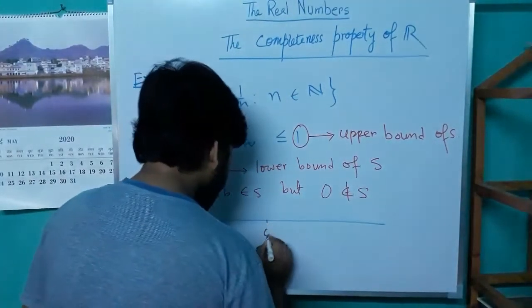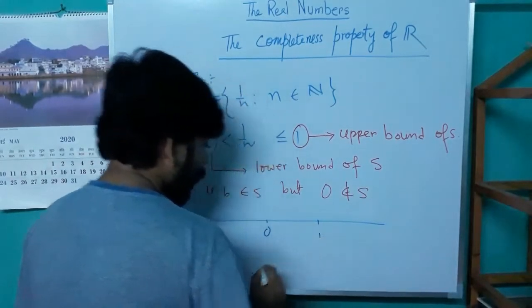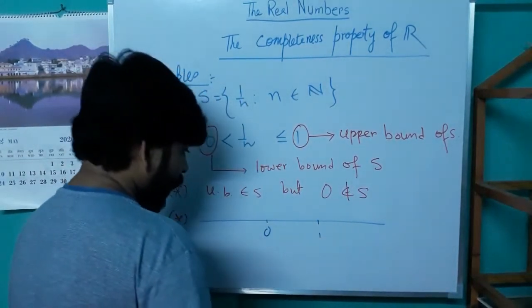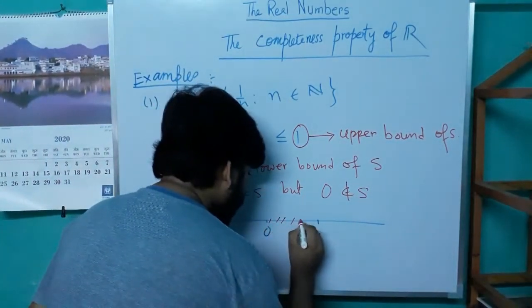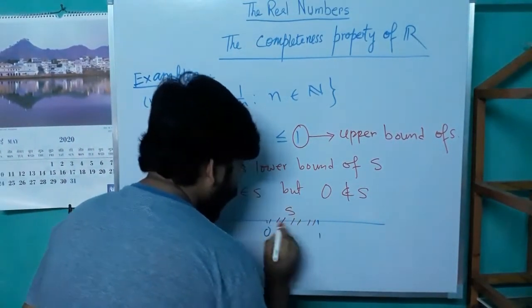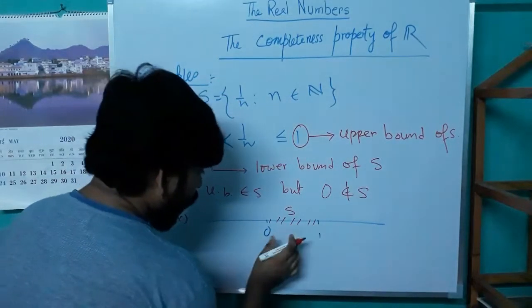Next observation. This is 0, this is 1. Here the set lies. S lies between 0 and 1.